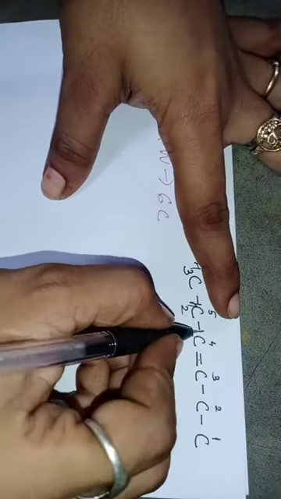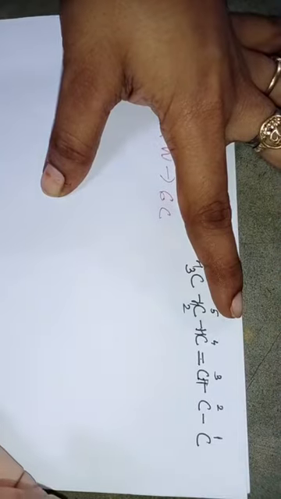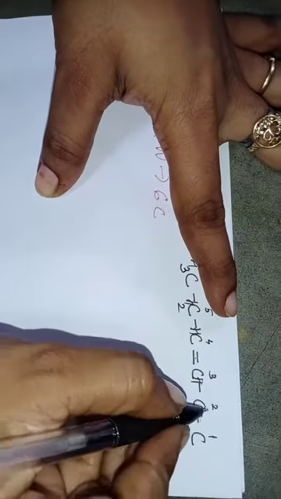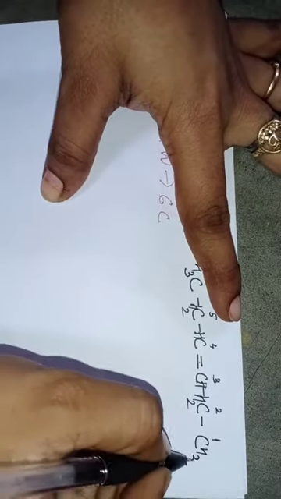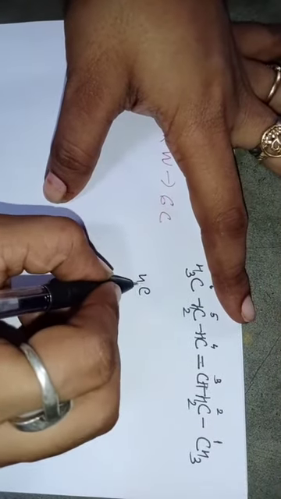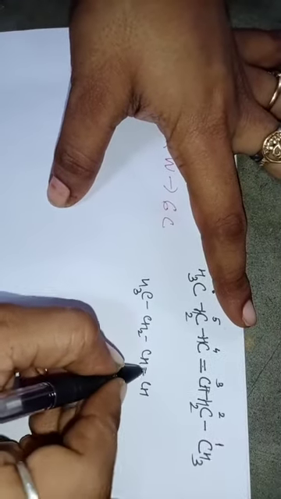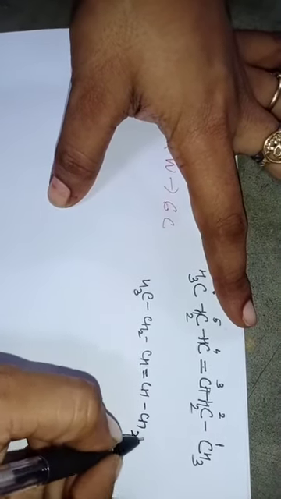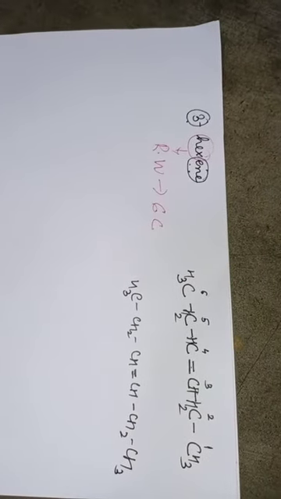Okay. 3 are there, 1 hydrogen is required. This carbon atom requires only 2 hydrogens and the first carbon atom requires 3. So what is the compound? It is CH3, CH2, CH double bond CH, CH2, CH3. This is the compound. Okay, I hope that you are getting it, children.